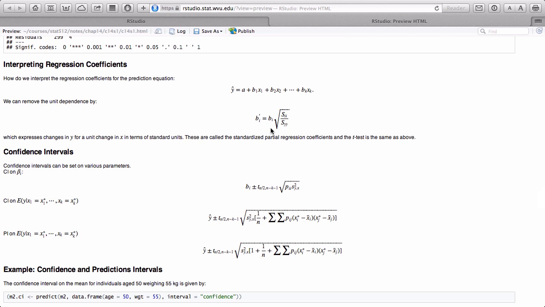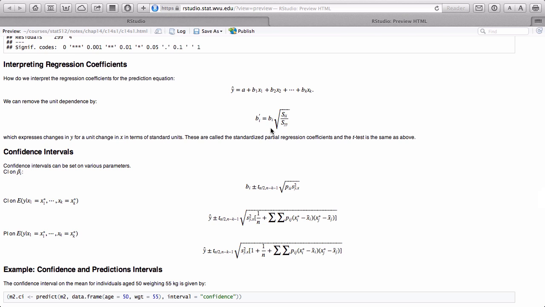So S sub i has units of x sub i squared. If I take the square root of it, it has units of x. And S sub yy has units of y squared. So if I take the square root, it has units of y. So I'm canceling out the units. I'm taking the units of y over x and multiplying by something that has units of x over y. So units cancel out.